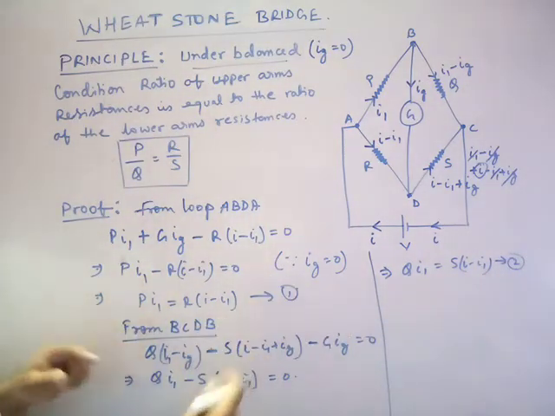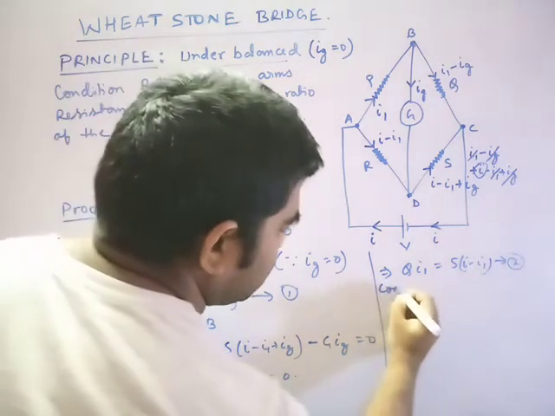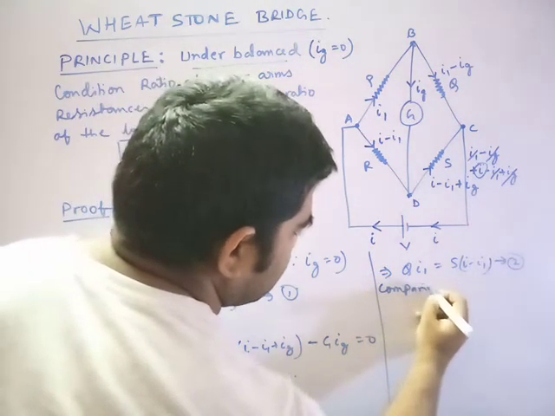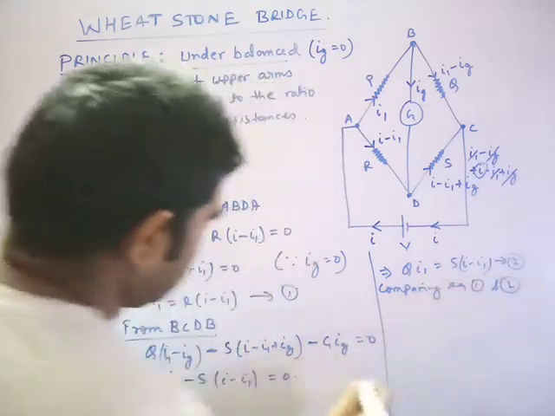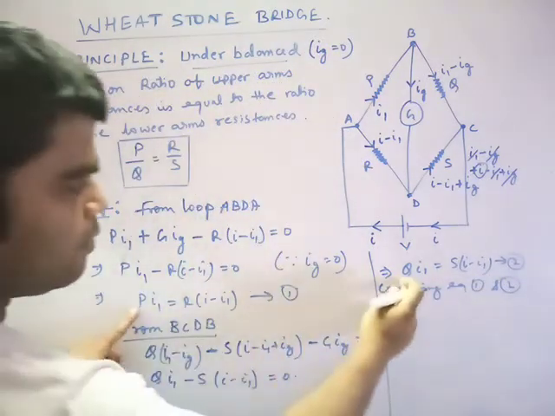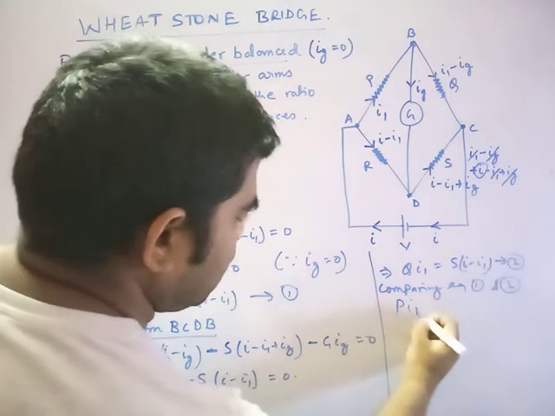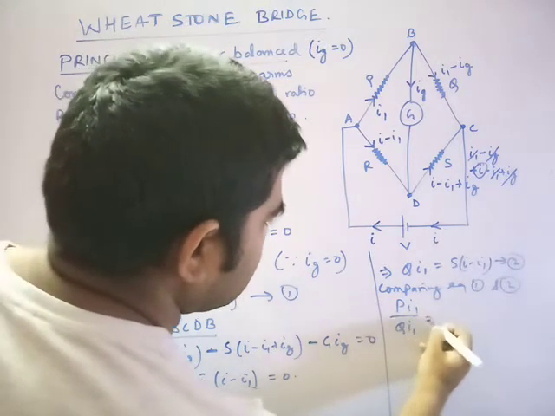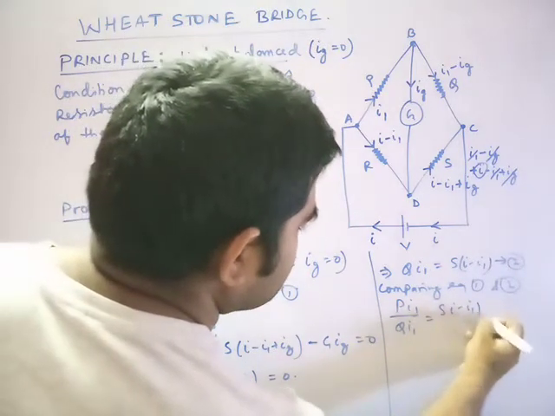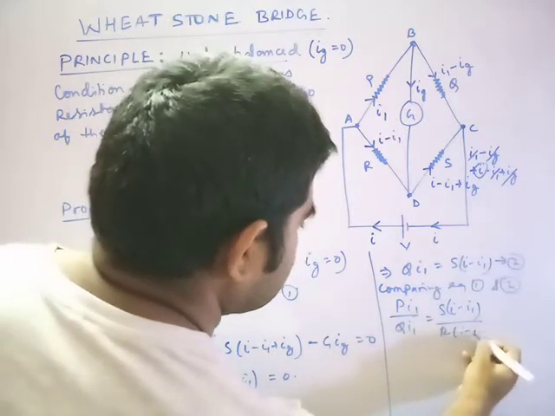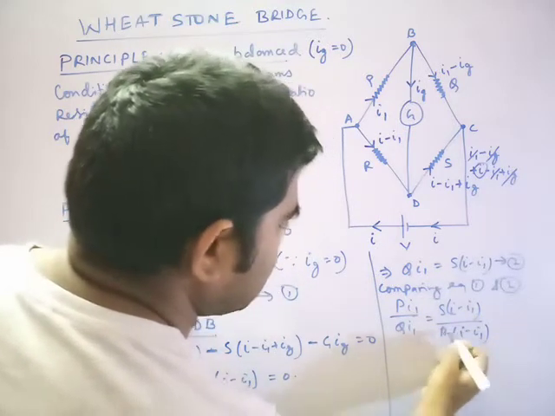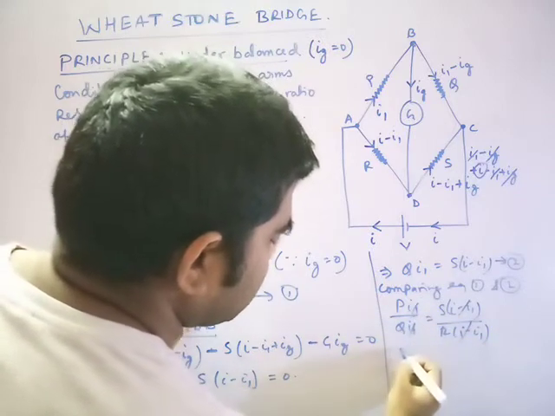Now if I compare equation 1 and 2, comparing the left-hand side with the left-hand side, you can see P I1 and Q I1 equal to R into I minus I1 and S into I minus I1. I think they cancel. So what is left?